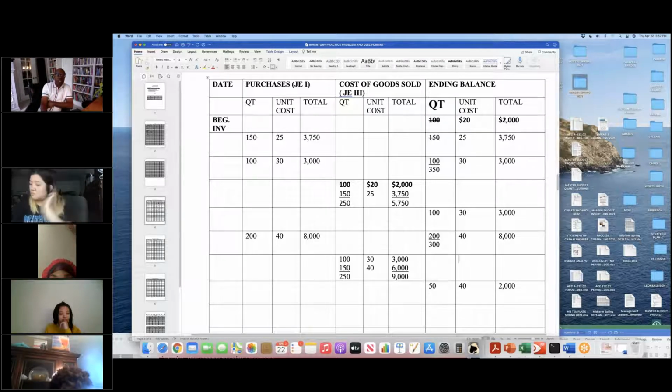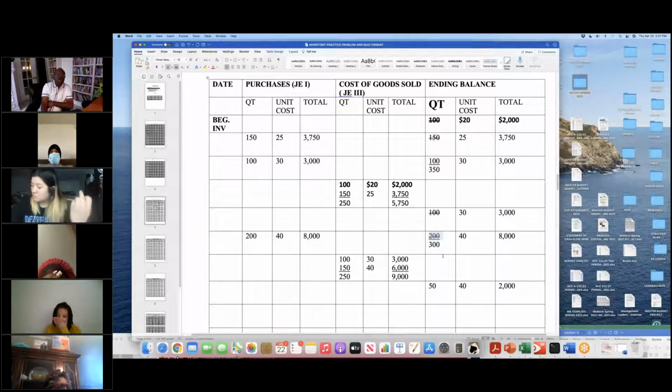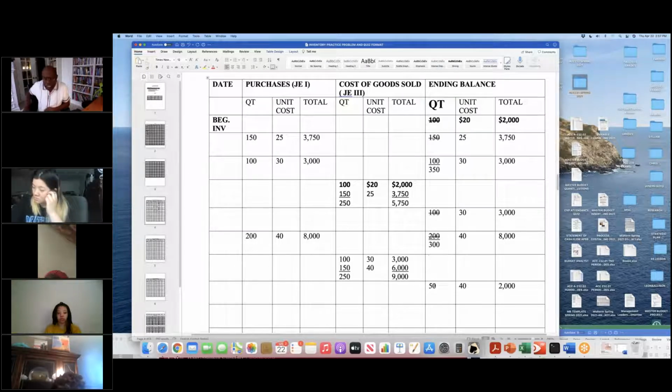Just looking at the quantities, we're going to sell the old 100, and then we're going to come in here and get some too. So we get this 100, then we get 150 from here to get to 250, and we have 50 left. Sometimes it's easy just to look at the quantity of what's happening. Then you can come back and put the dollars in.